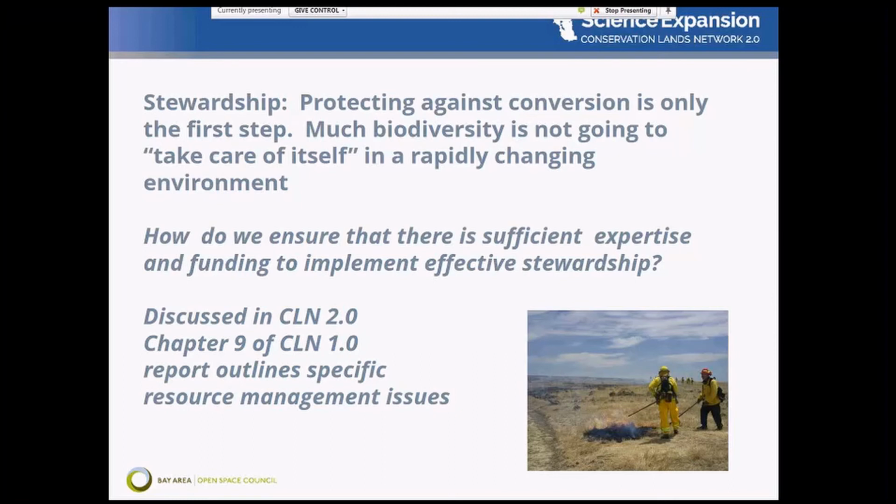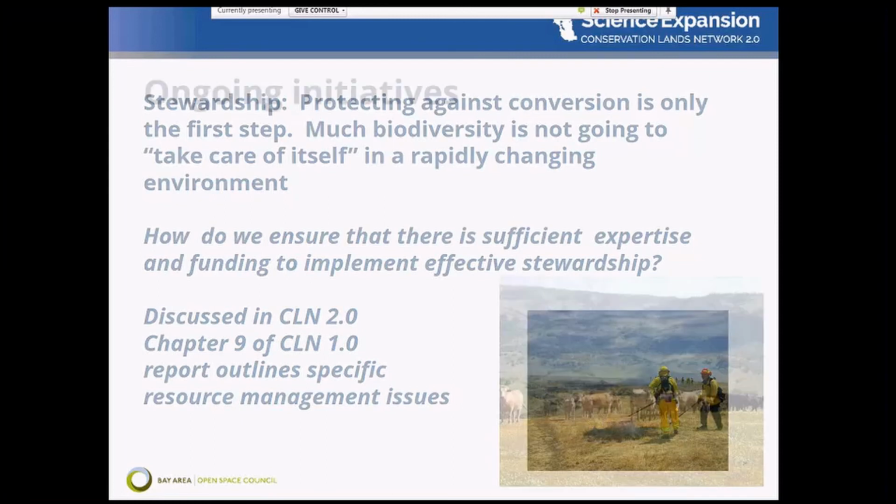Chapter 9 of the CLN 1.0 report outlines a lot of specific resource management issues. So we're standing on the shoulders of CLN 1.